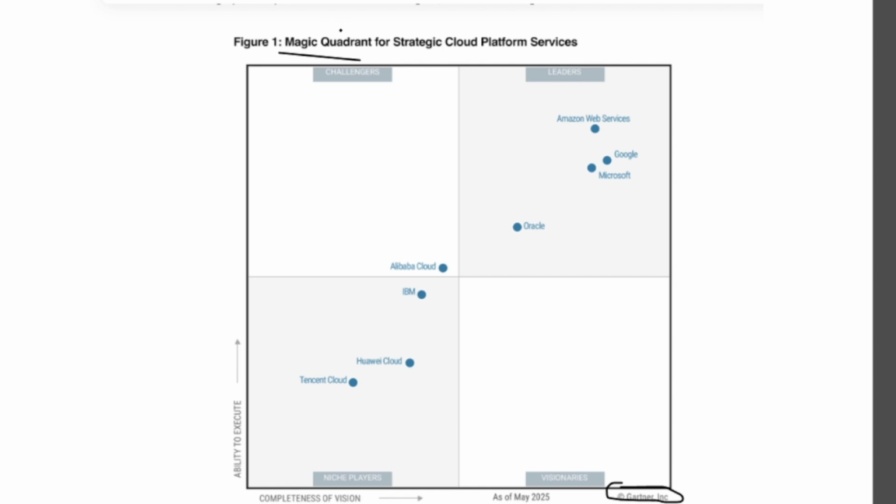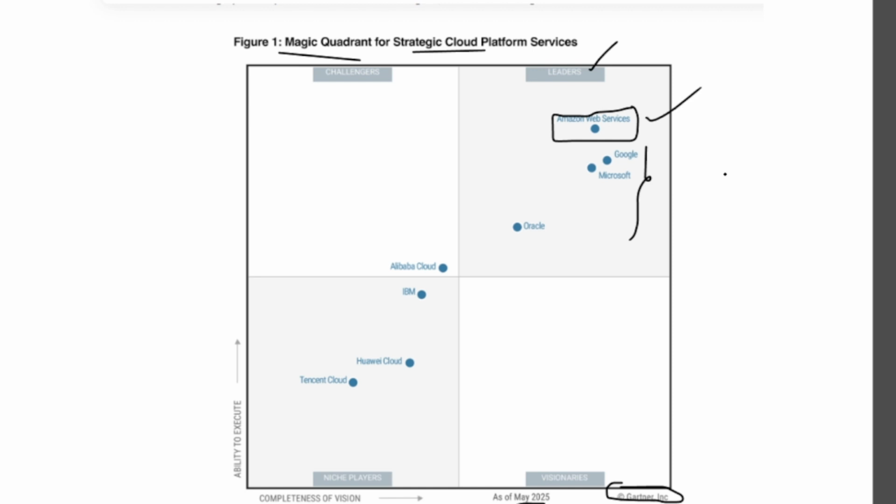Here is the Magic Quadrant for strategic cloud platform services, the latest report provided by Gartner. In the leaders quadrant, Amazon Web Services is at the top, leading all the other public cloud competitors. And it is not for the first time. Over the decade, the last 10 years, Amazon has been leading the leaders quadrant.